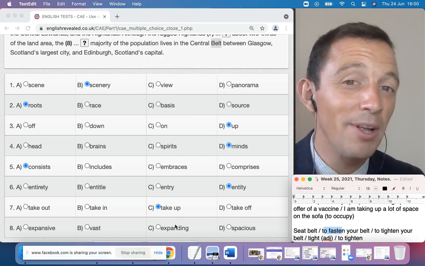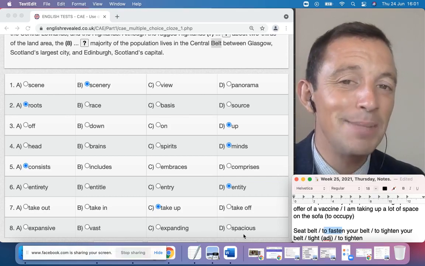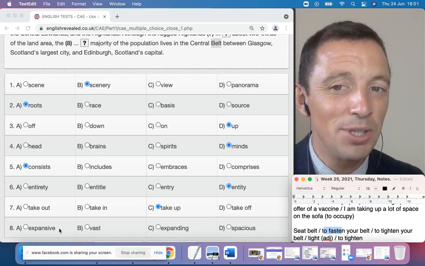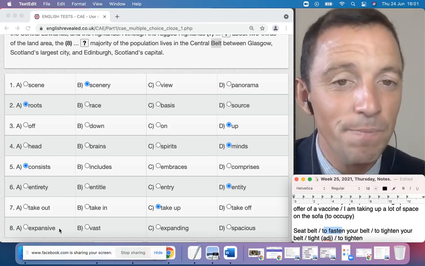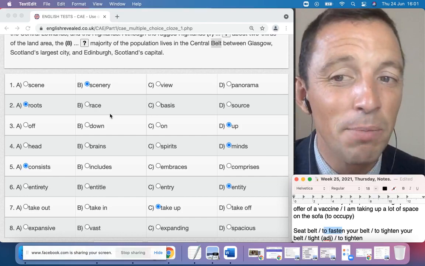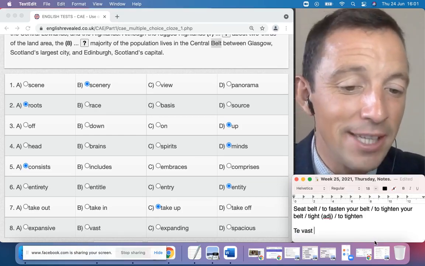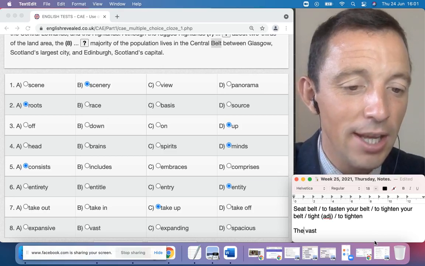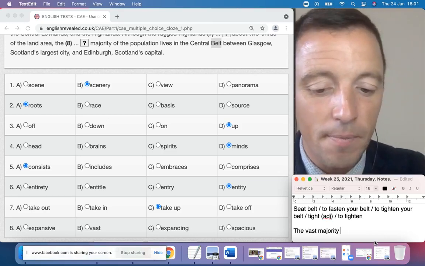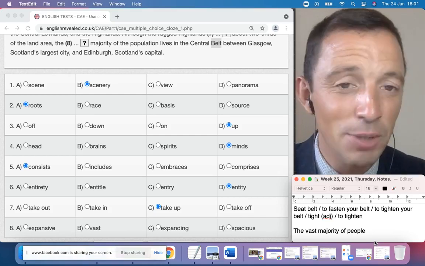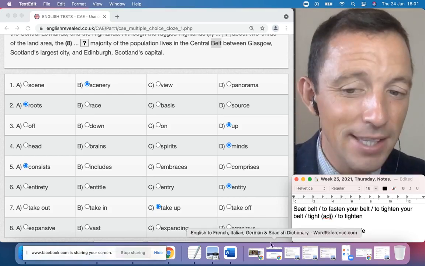So is it most typical expanding majority, spacious majority, vast majority, expansive majority? So for population, we might say expansive, but because it's majority, the best one is the vast majority. That's a very, very typical combination. The vast majority of people, the vast majority of the country, the vast majority of the population. That's the best option.